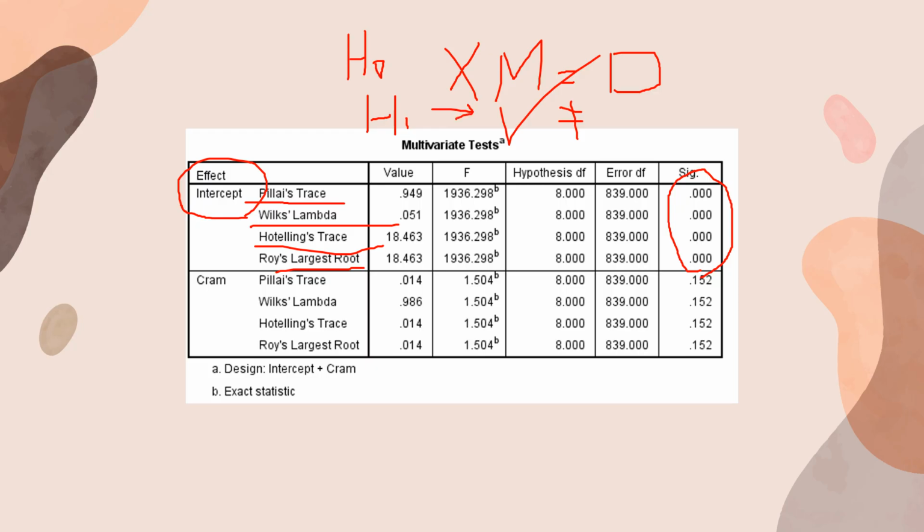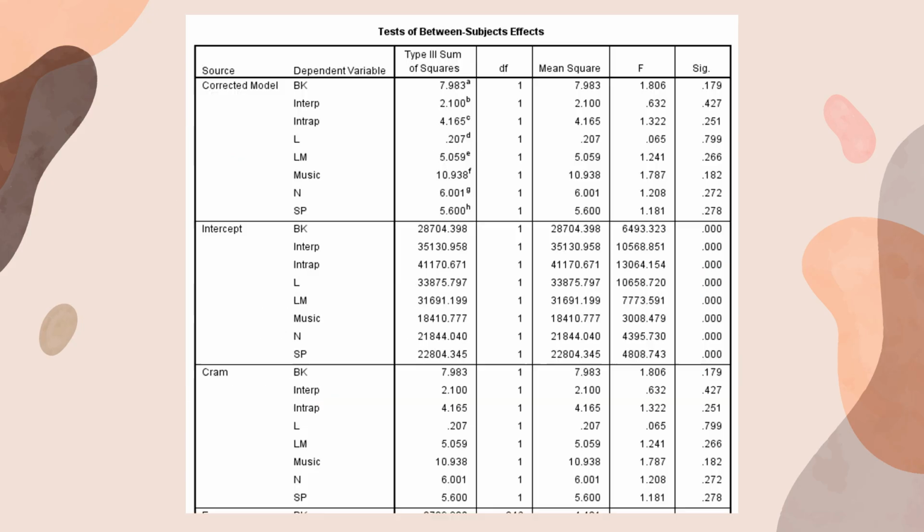And it is not good news right here, because it is not significant. So maybe it is not good news. And for the intercept, you can see the detail right here. All the multiple intelligences got 3 stars, but it's not good news.